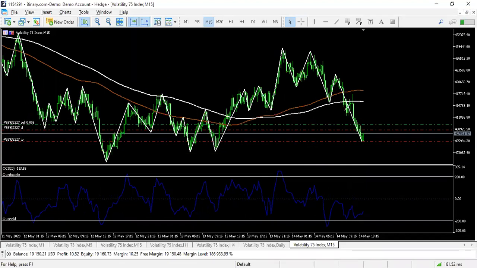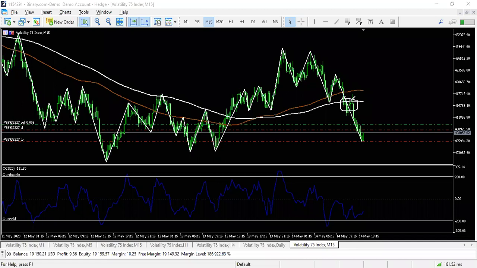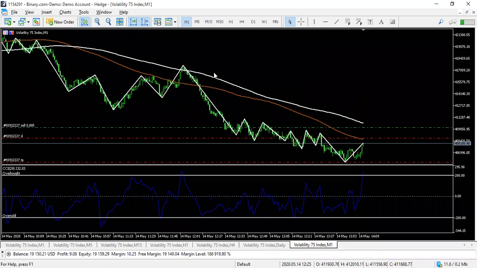Just right here is where we have the breakout of the whites below, candles begin to close below the whites and below the brown. So when we've considered the two, then we want to consider a sell trade, just a quick sell trade. But of course, we don't just take a sell trade, we want to move to the 1 minute to establish the proper time, proper place to take our sell trade.